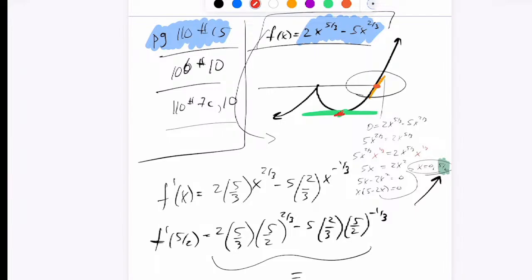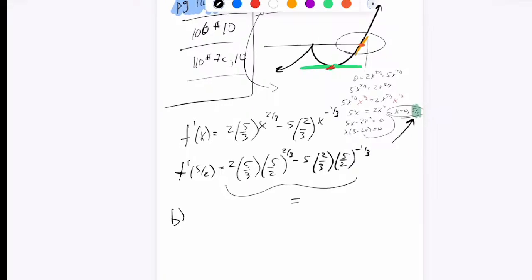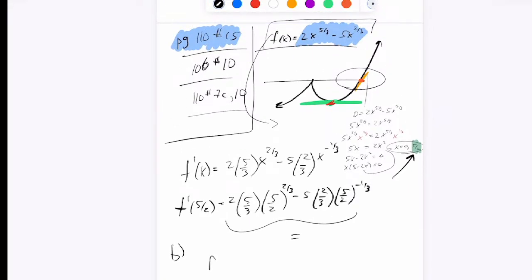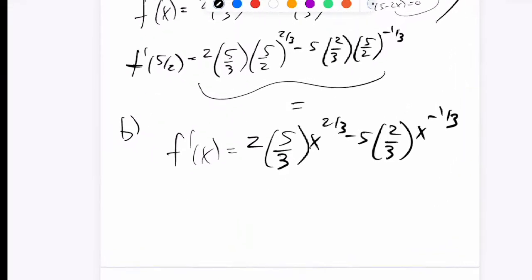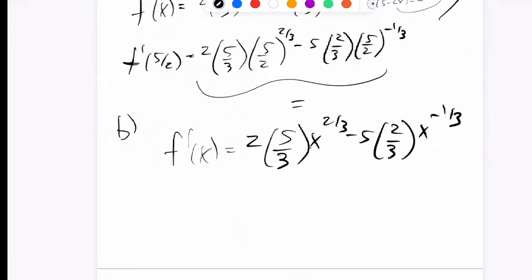So the only thing they're asking in part B is to take the derivative of your function, f prime at x, which we've already done, but I'll do it again. They're just asking when the slope is 0, so you're just solving this equation now.